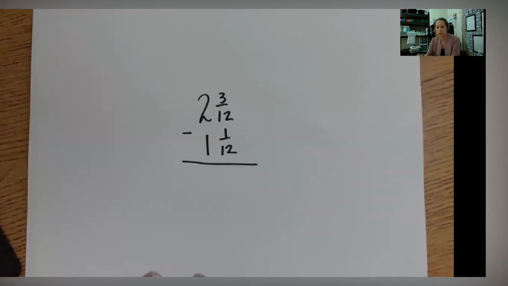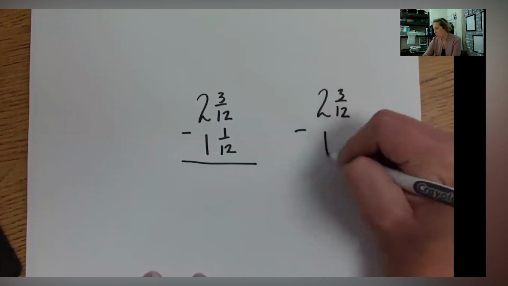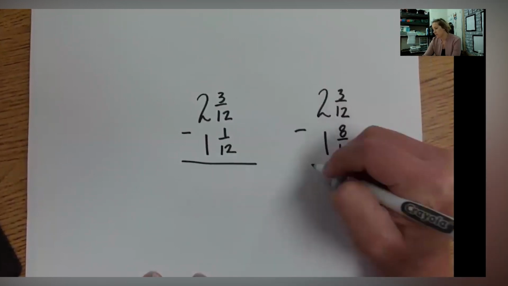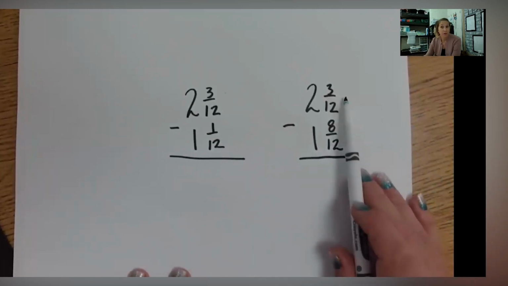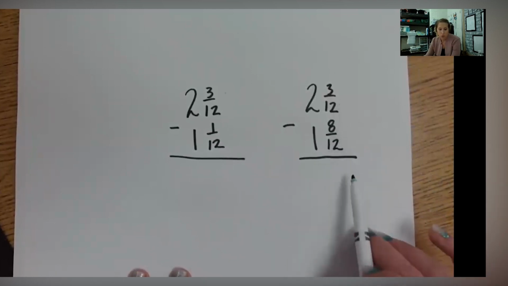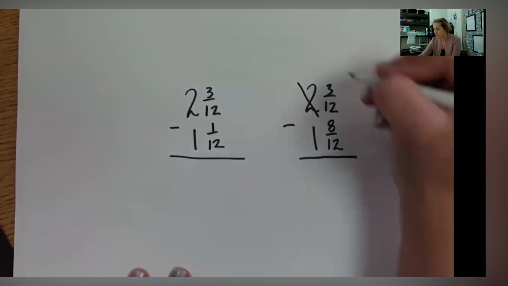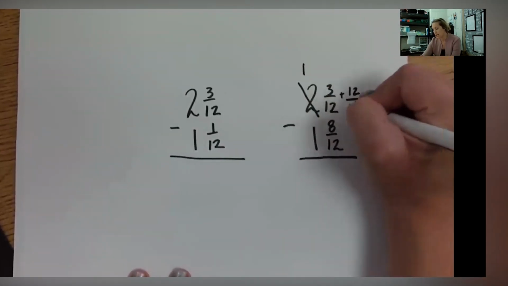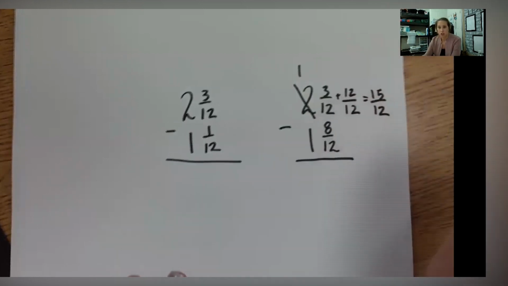What about if we were subtracting 2 and 3/12 minus 1 and 8/12? Would we have to regroup? Yes, we would. We have 3/12. We do not have enough to take away 8/12. We would need one of the wholes, and we would need to change those into 12ths, which would give us 15/12.